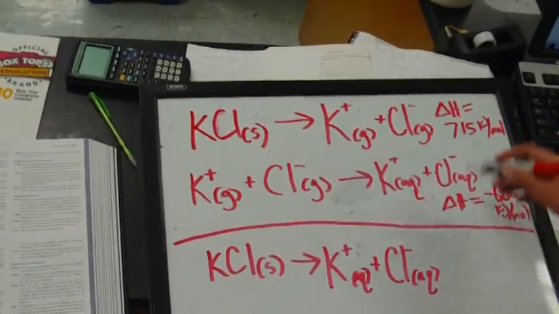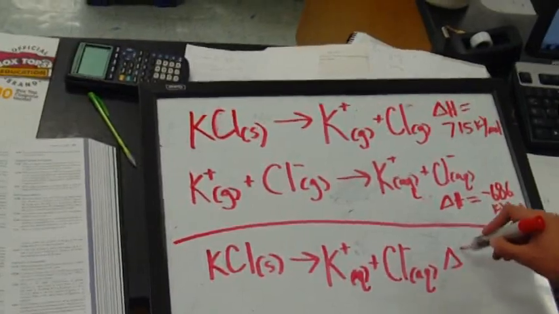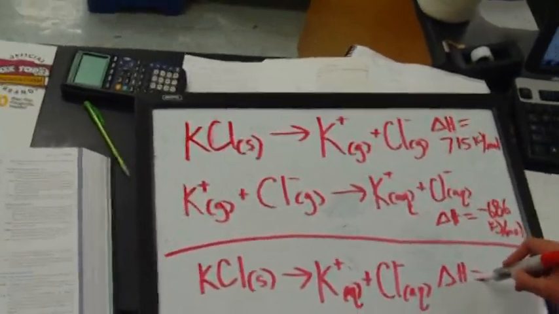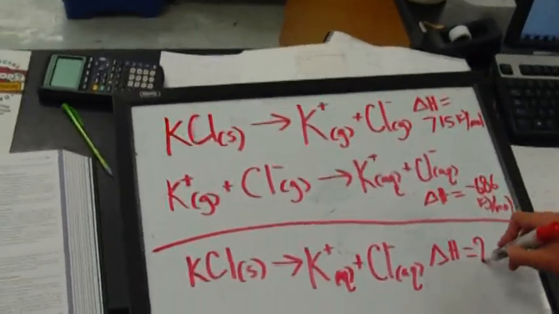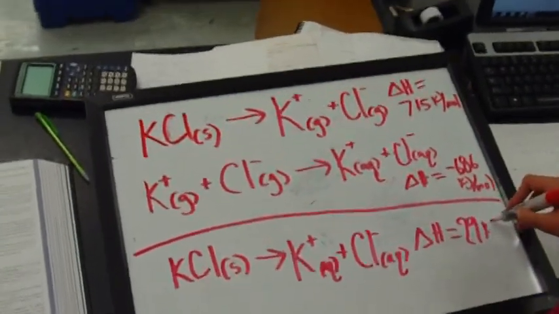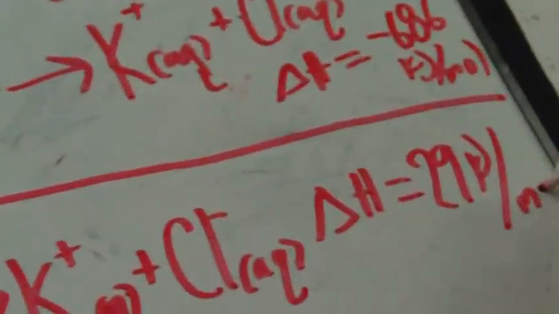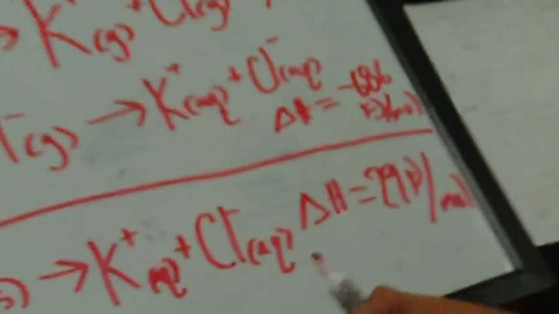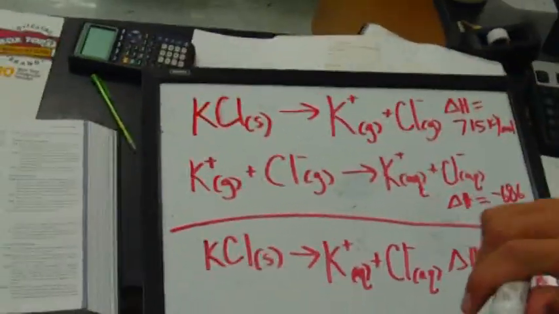And if we add the enthalpies together, we end up with 29 kilojoules per mole. And that is number 42.